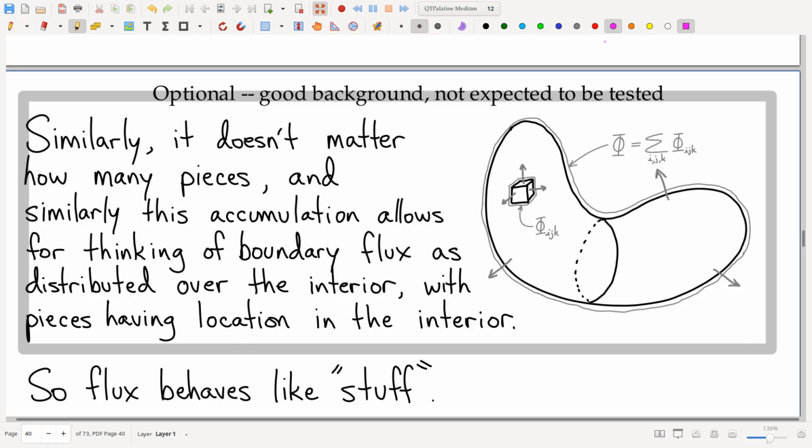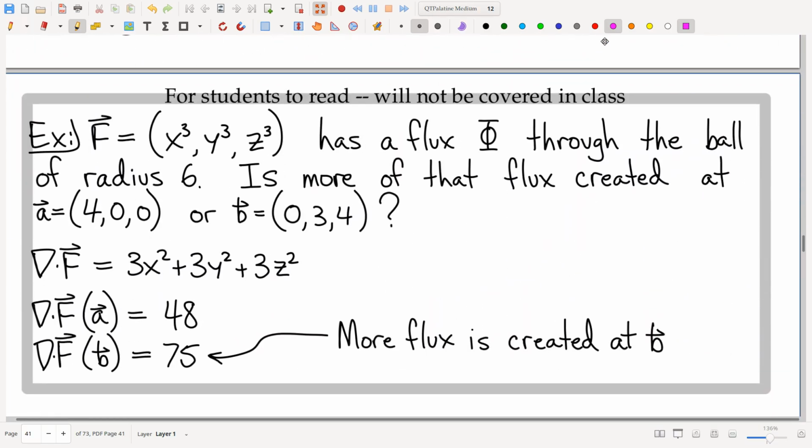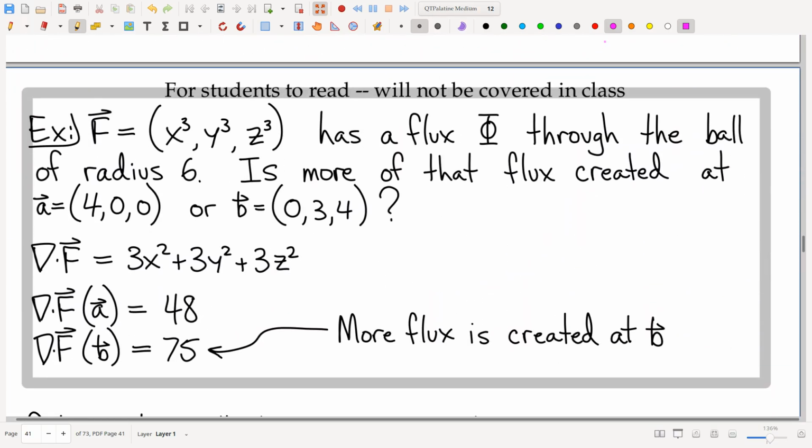Ooh, right? This is weird, kind of hard to buy. Come on, that's basically nonsense. Flux is on the boundary. Come on, look at the formula. That's how we compute flux. It's on the boundary. And this is the case that I make for it being in the interior. And by the way, divergence tells you where.